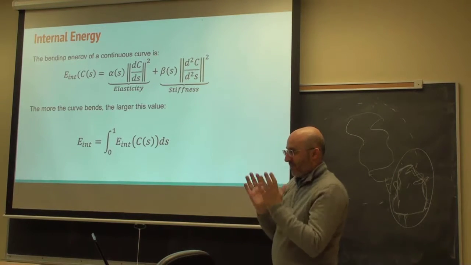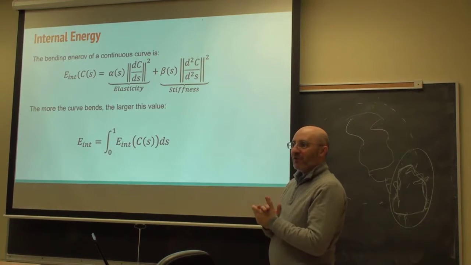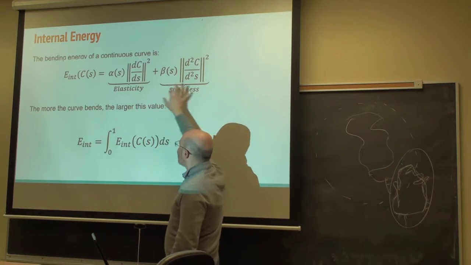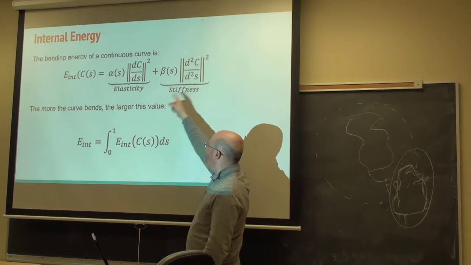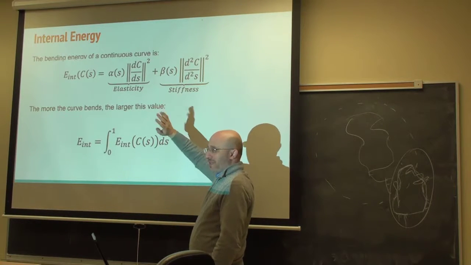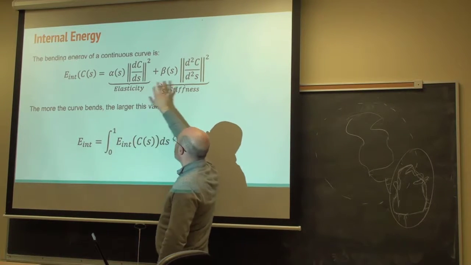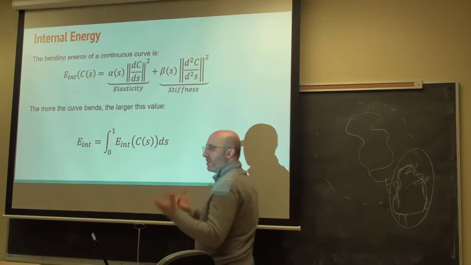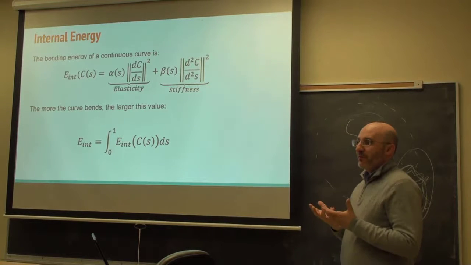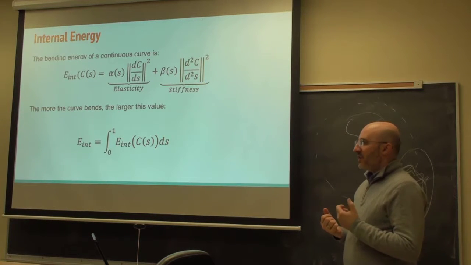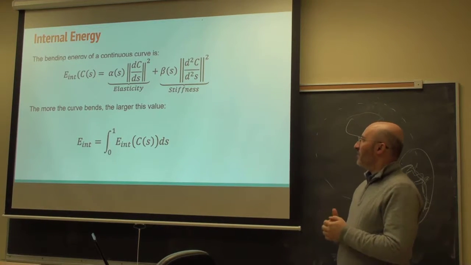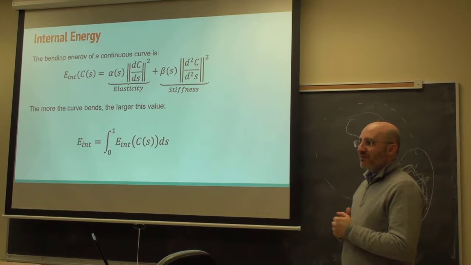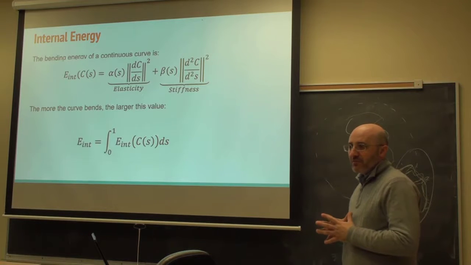You actually want to make a contour which is fitted to your object. Okay? Both of these internal energies have nothing to do with the actual image. It doesn't matter what image you have, those things will still be the same. Those are just two constants which give you the weight, or penalty if you like, of each one of them. So if alpha, for example, is very large, you are penalizing bad elasticity, right?